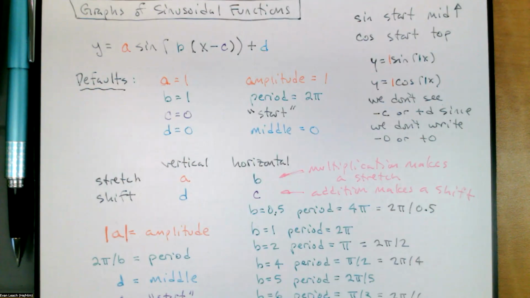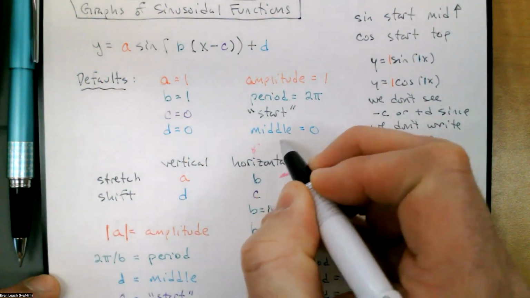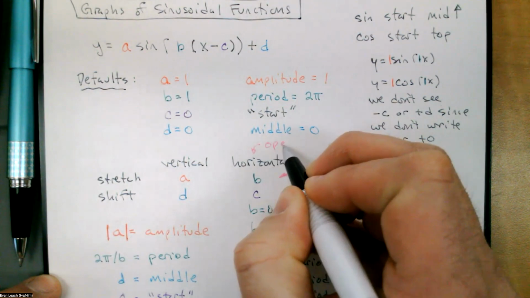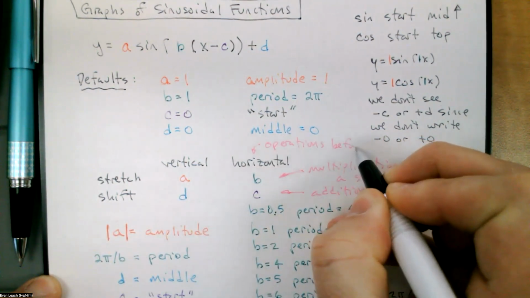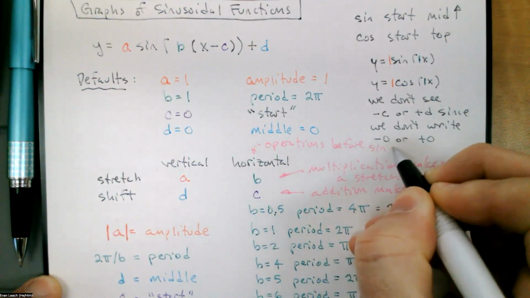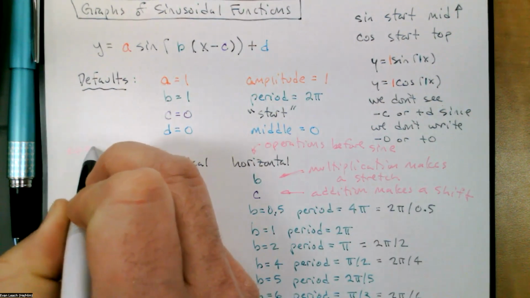Before the function, horizontal. After the function, vertical change. So horizontal stuff is operations before sine. The vertical stuff is operations after sine.